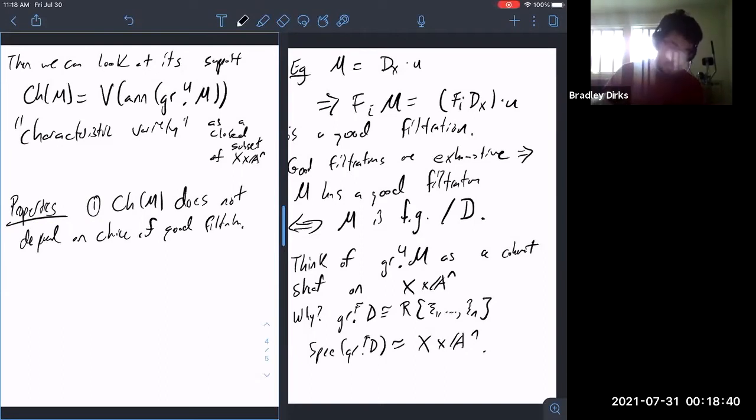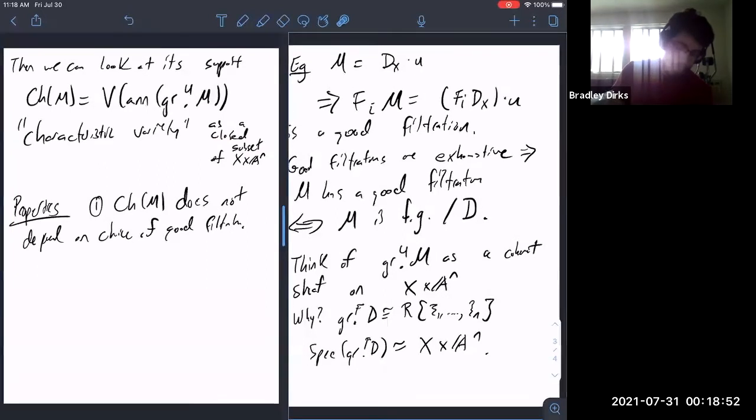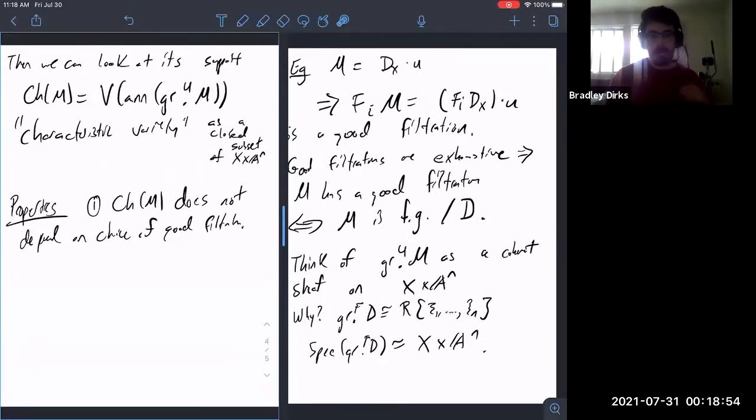This is responding to the question in the chat. Since I'm taking it as a closed subset, one way to describe that would be to replace the annihilator with its radical. So maybe we could do that just to be safe here. But we only want to think of it set-wise. Thank you for the question. Okay, so one, this does not depend on the choice of good filtration.